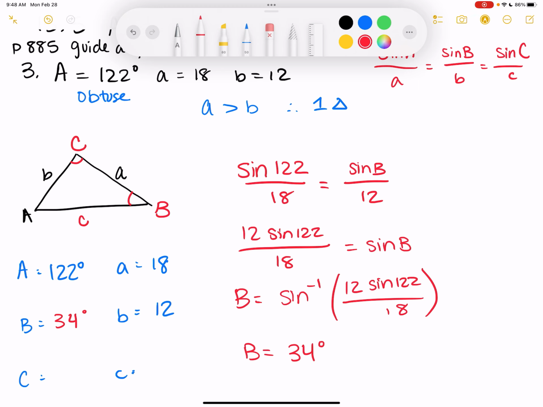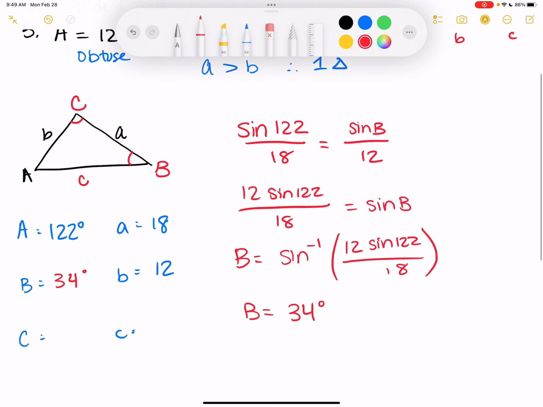Mine says 0.099997. That might have been the other answer. I have to redo it then. It said 34. Okay, got it.